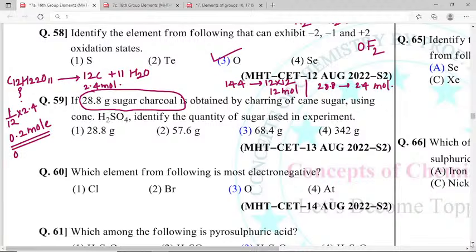And 0.2 mole multiplied by the molar mass of sugar, 342, gives 68.4. I am right here: 68.4.